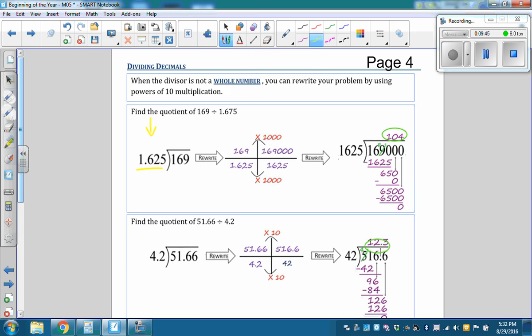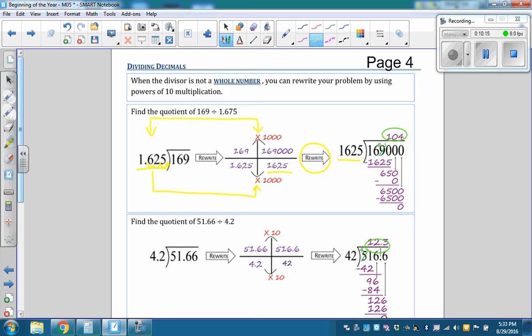If this number is not a whole number, we multiply by a power of 10 to move the decimal place so it's all the way to the right of the number. That's what is going on over here. We're taking 1.625 and multiplying it by 1,000 to get 1,625, and we're just rewriting the problem without a decimal.